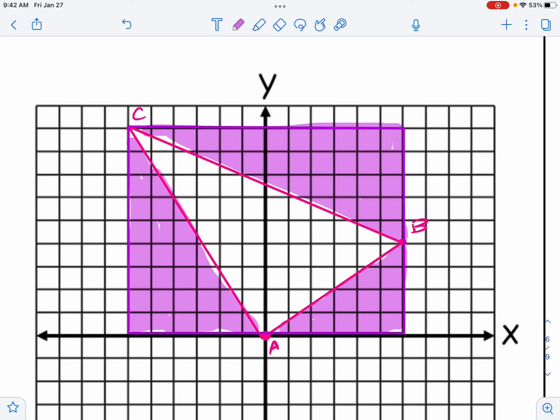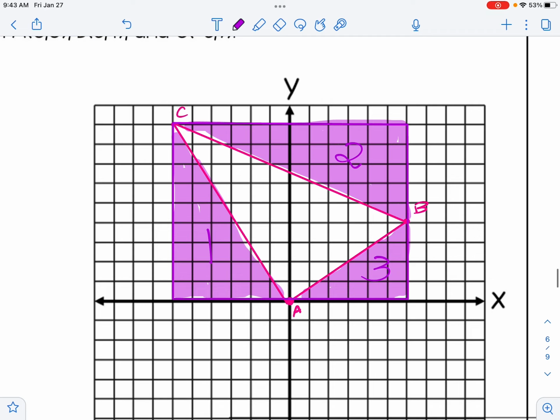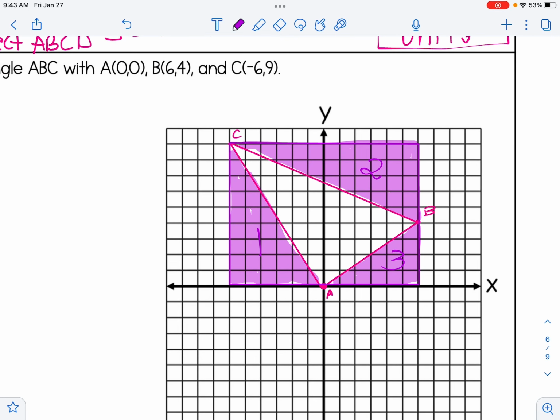I'm going to once again number my triangles 1, 2, 3. When I count and find the dimensions of the given rectangle, I can see that the base of this rectangle is 12, and the height is 9.